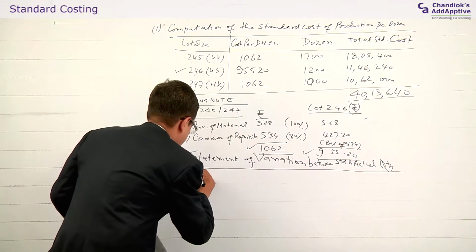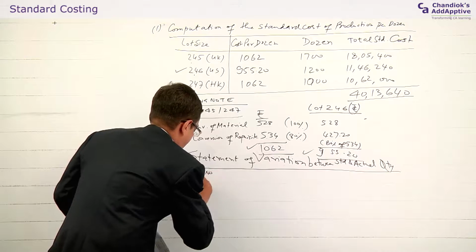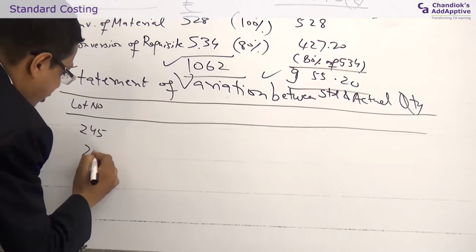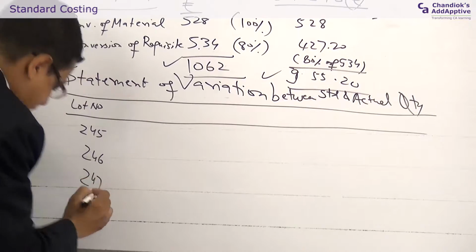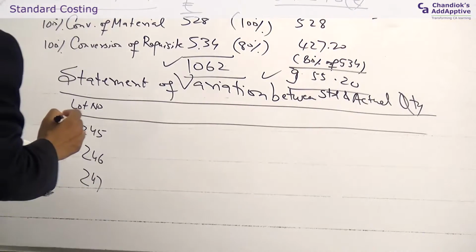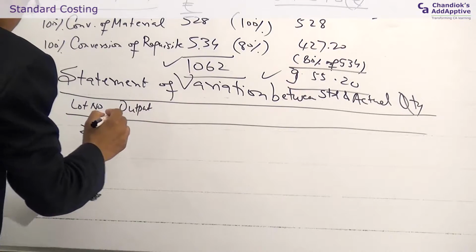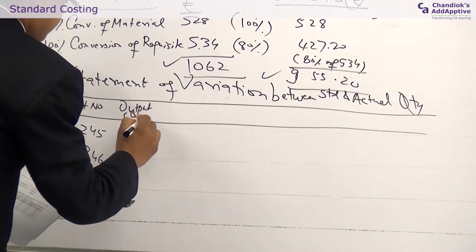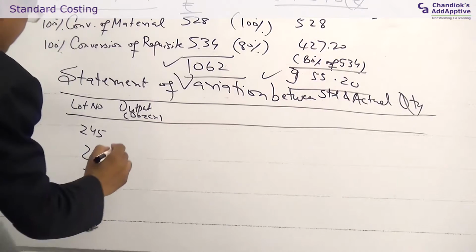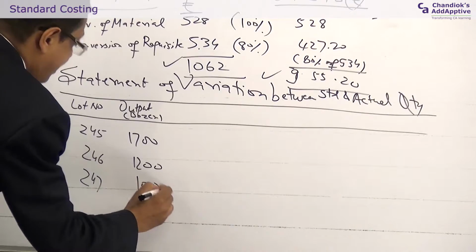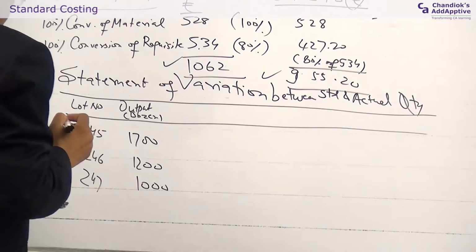So, again the lot number, you have 245, 246 and 247. Output in dozen, it is 1700, 1200 and 1000.